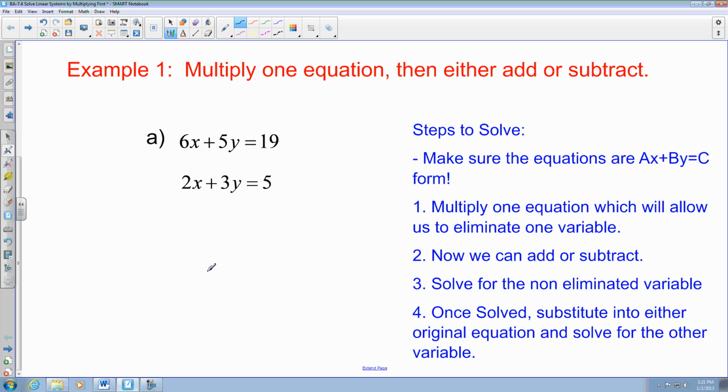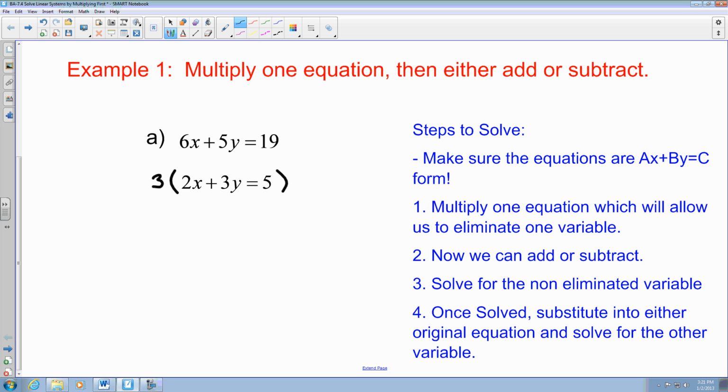So now all we have to do is look at which equation I want to multiply. If I look at 2x and I look at 3y, 3y I can't really multiply to make 5y, but I can multiply 2x to make 6x. And I can do that by multiplying my entire equation by 3.